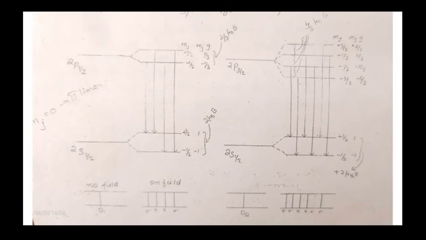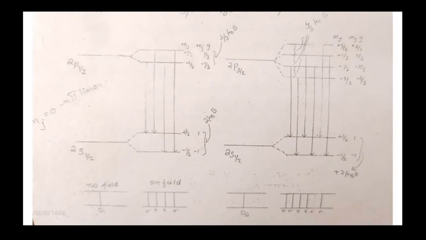For the 2p 3/2 to 2s 1/2 transition, we will get the D2 lines, and in that case the 2p 3/2 level splits into 4 levels, for 3/2, 1/2, -1/2 and -3/2. And here too, according to the selection rule, we will get 6 transitions.